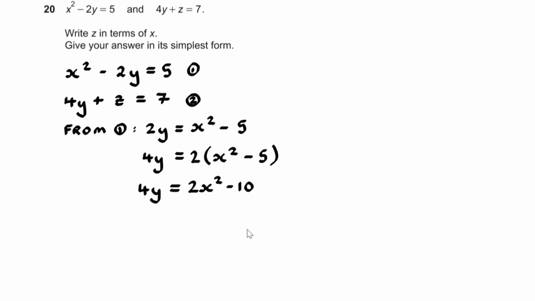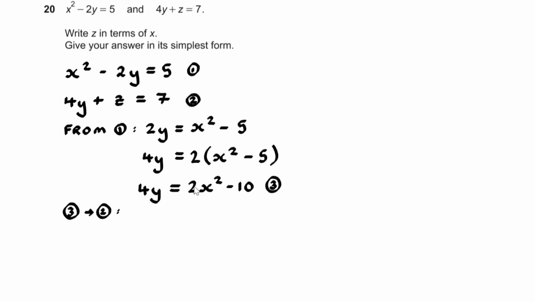So if I call this equation 3, what we can do is substitute equation 3 into equation 1, rather into equation 2. So I've got 4y, which I've just found here.